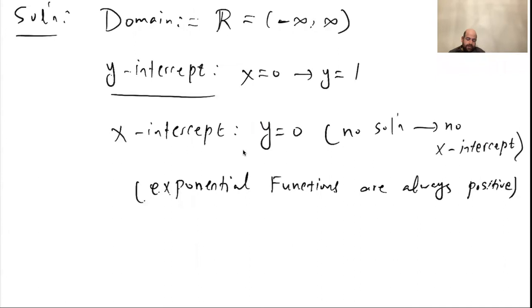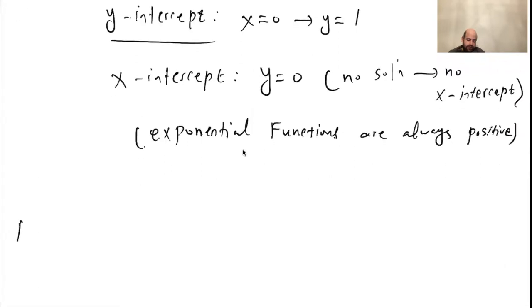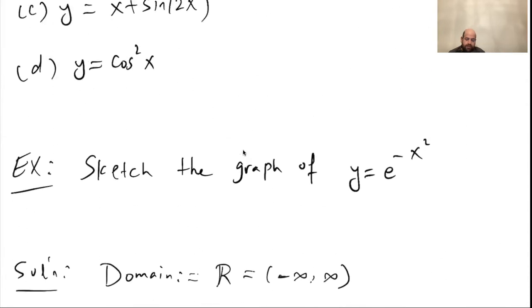Okay, and then we need to look at the asymptotes. We don't have any vertical asymptote because there is no x value such that if x approaches some number a, then the limit at a becomes infinity or minus infinity, because we have a function which is continuous everywhere, right?